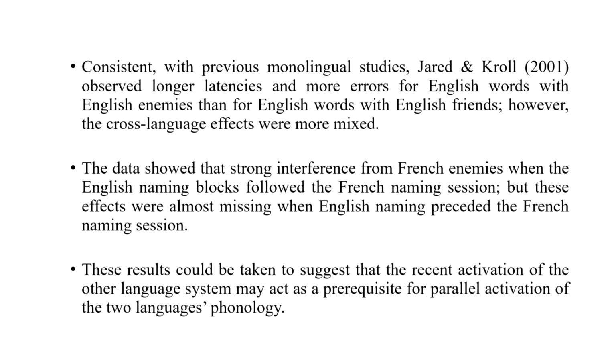However, when they named in English after they had recently named French, you can see there is a slightly higher activation of the French lexicon, which is leading to some kind of interference in the naming of these words with French enemies. This suggests that the recent activation of a particular non-target language lexicon may be a very important factor in deciding whether cross-linguistic phonological activation is happening or not.